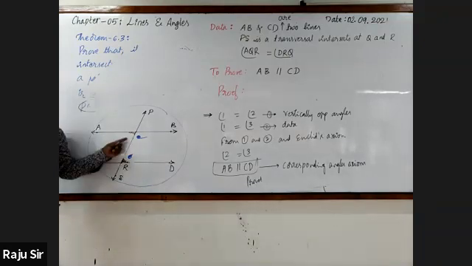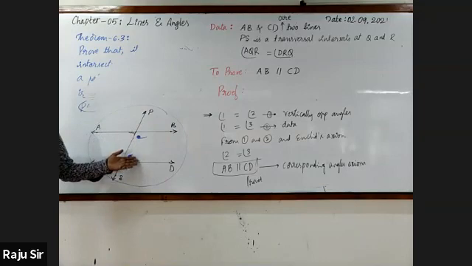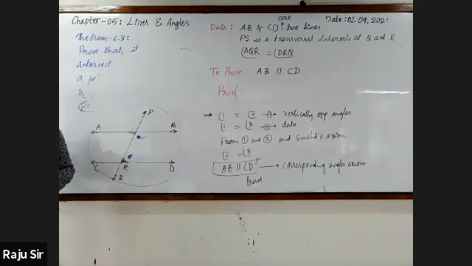If a transversal intersects two parallel lines, then each pair of interior angles formed on the same side of the transversal is supplementary. Sit down. The statement is like this.